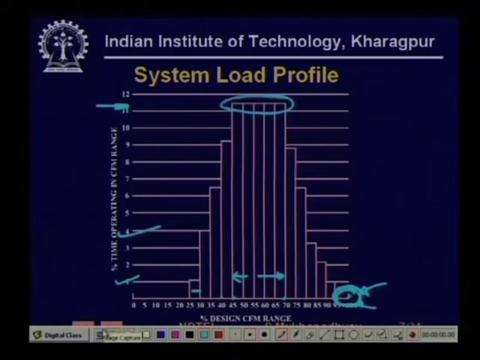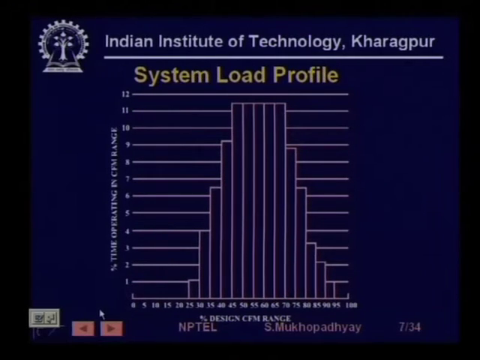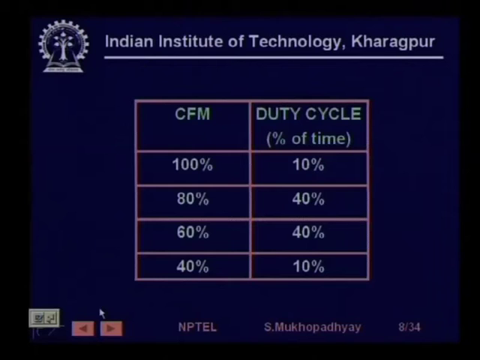Now, let us see what happens. So, we need to shift this operating point, right, all the time. So, let us see now what happens if we shift the operating points. So, this is summarized.